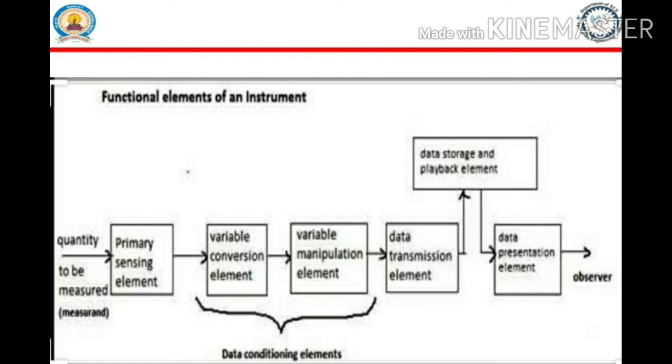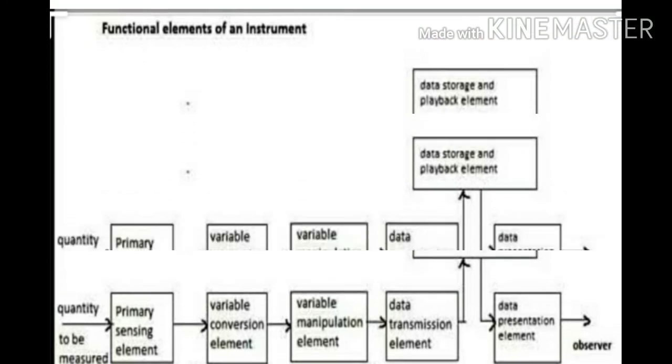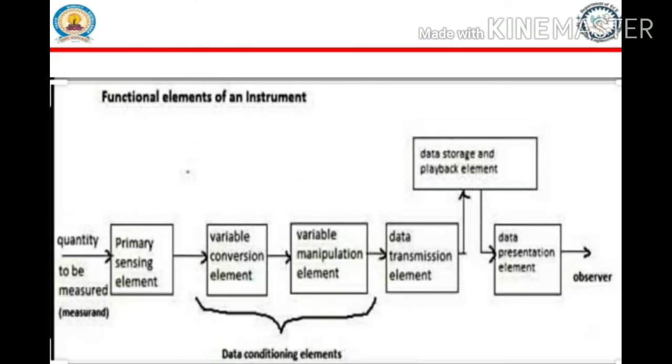In remote applications where your input stage is somewhere and your output stage is somewhere else, take the example of geo-sensing applications. The satellite acts like an input stage. With the help of cameras and sensors available in the satellite, you sense and convert one physical variable into some other physical variable.